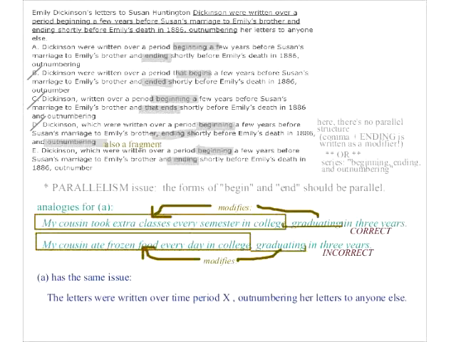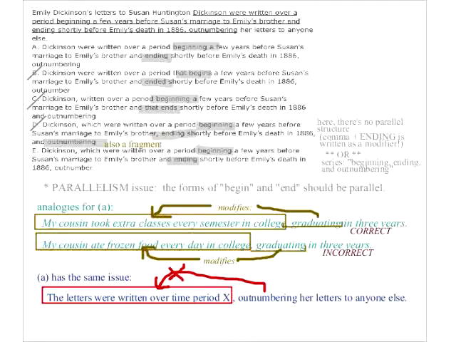The problem is that these two are unrelated to each other. I mean, the time period has nothing to do with outnumbering other letters. That doesn't have anything to do with anything. So this doesn't work as a modifier.